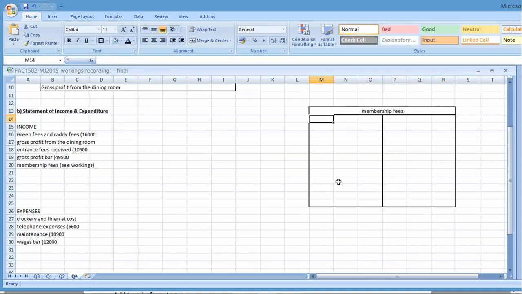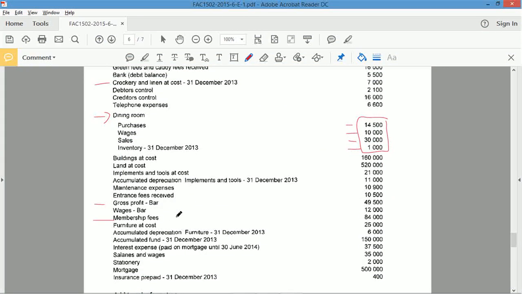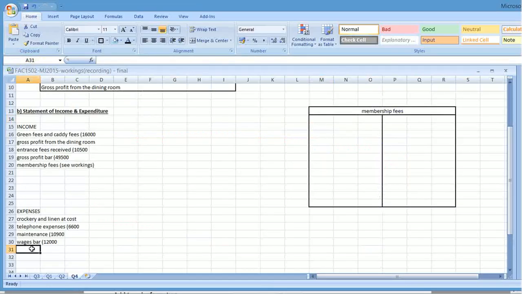Membership fees. What else do we have? Furniture, asset. Accumulated depreciation, negative asset. Accumulated fund, equity. Interest expense, needed. Interest expense, 37,500.